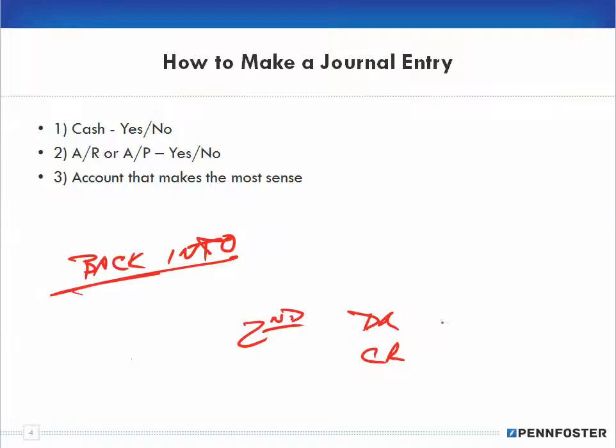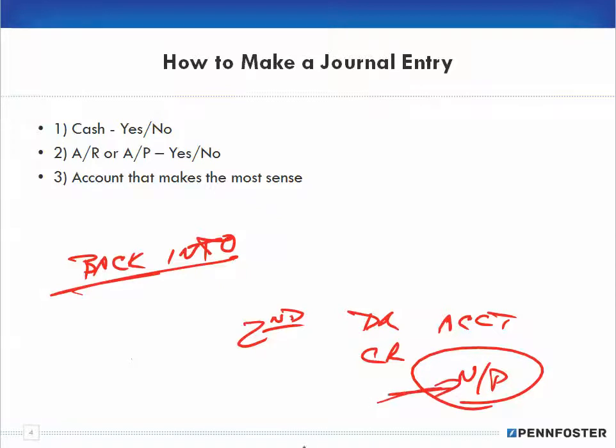They may be able to figure out the account relatively easy because it might say something like, note payable, and they know that there's a note payable general ledger account, but they struggle to determine whether it's a debit or credit. And the reason why they're doing that is because they're starting with the second half of the transaction, instead of working through a process.